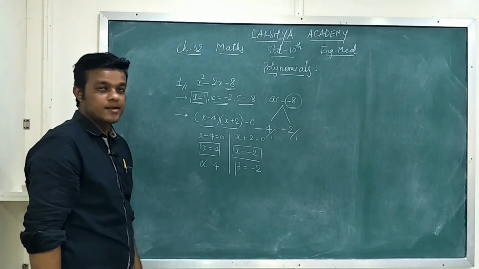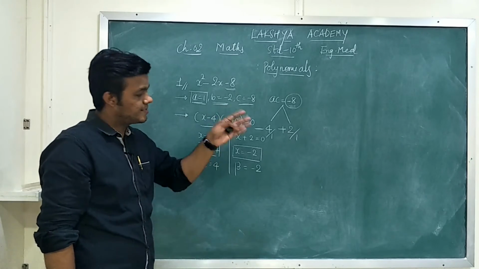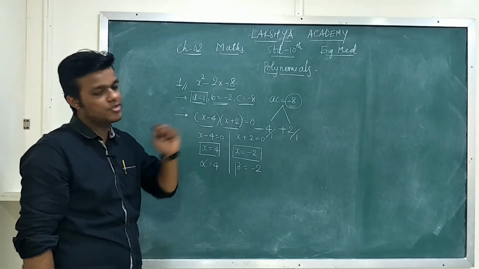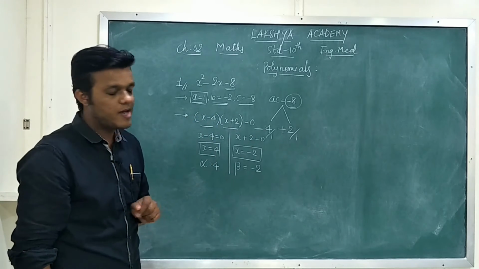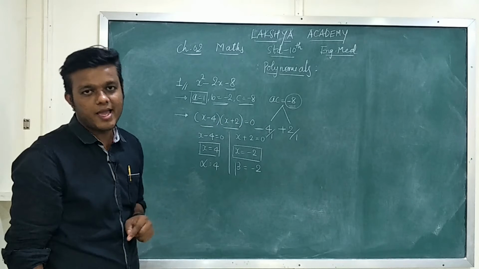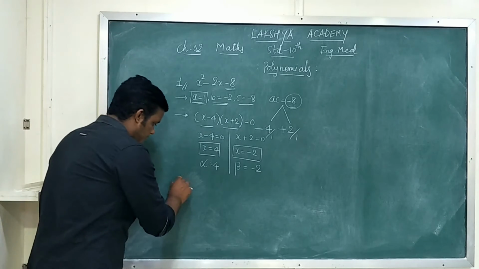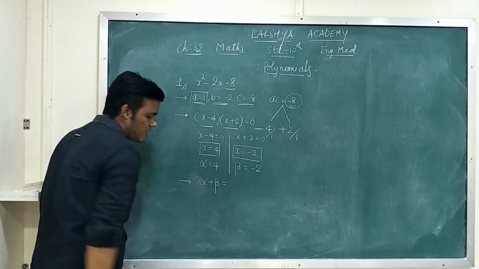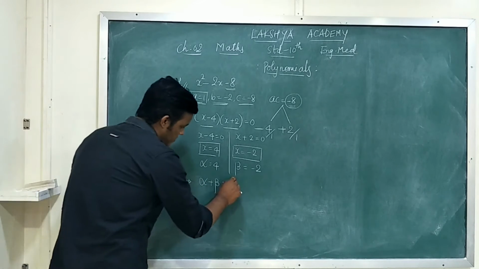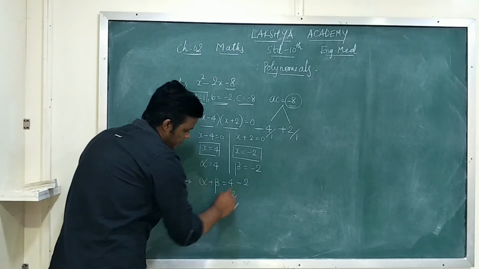Got it? Now what will we do? We will check whether the relations we have just seen, alpha plus beta equals minus b by a and alpha into beta equals c by a, are right or not. So first relationship, alpha plus beta, sum of the zeros: 4 minus 2 is 2.